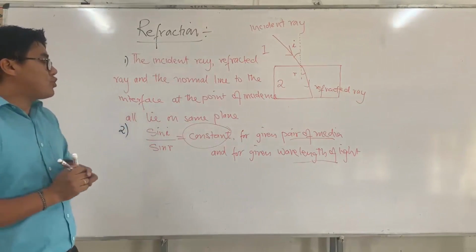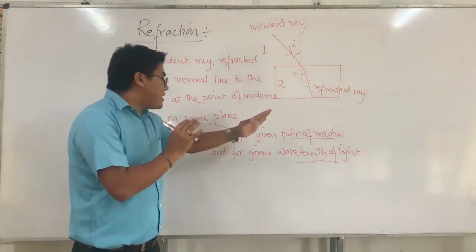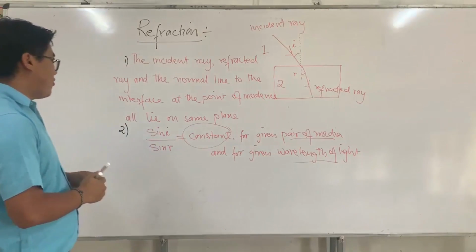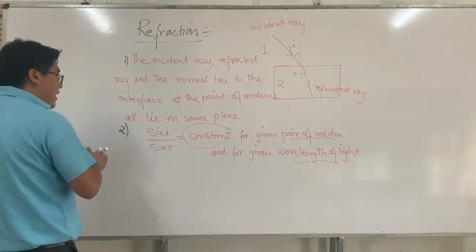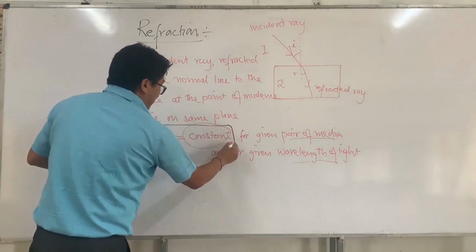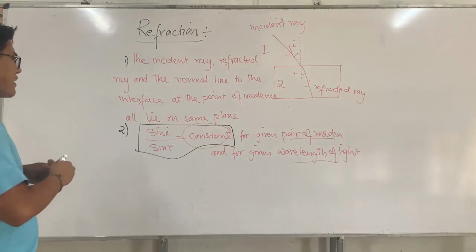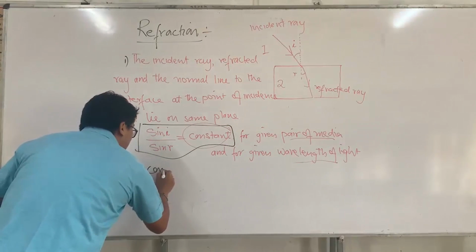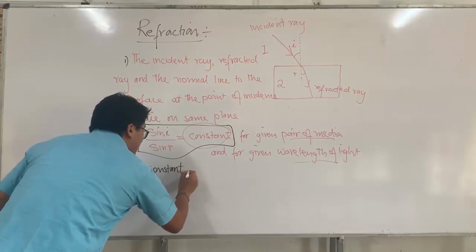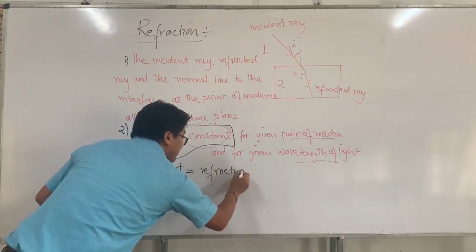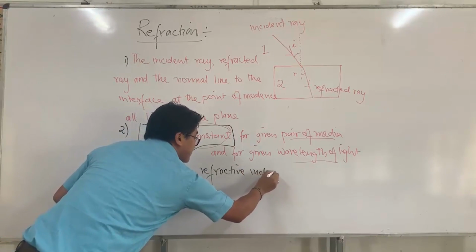If I choose a particular pair of media and a particular wavelength of light, only then does this remain constant. And this constant is what we call refractive index.